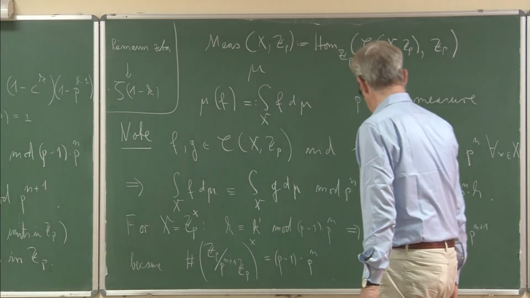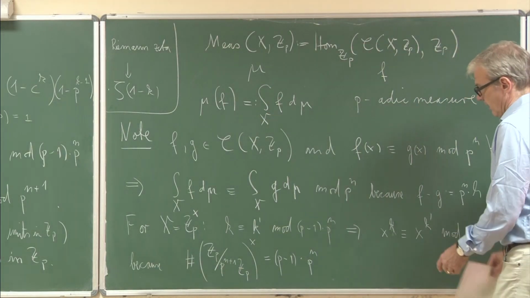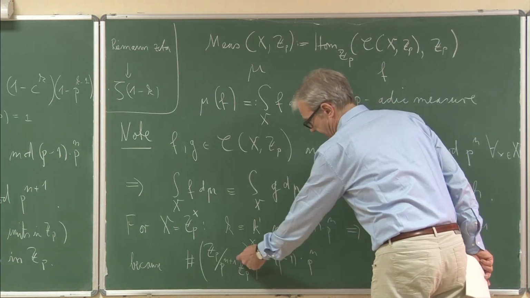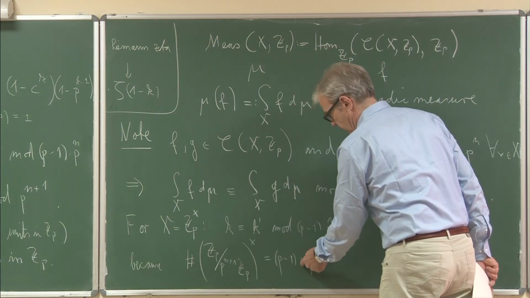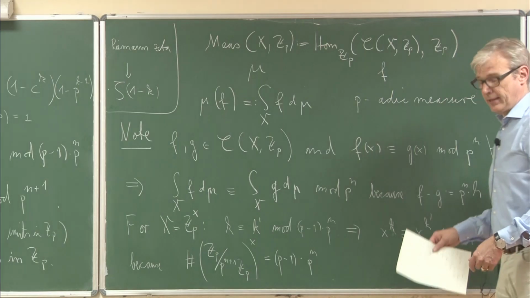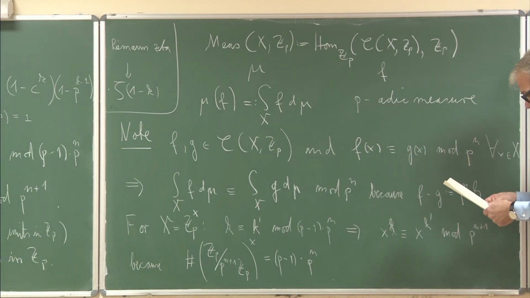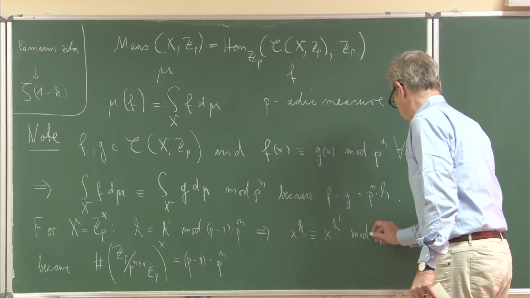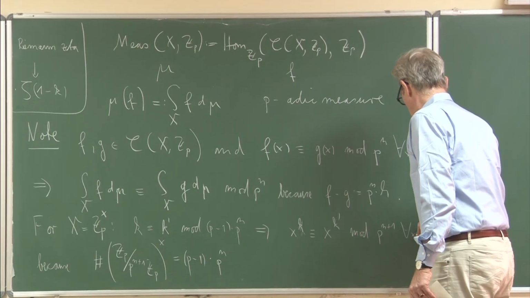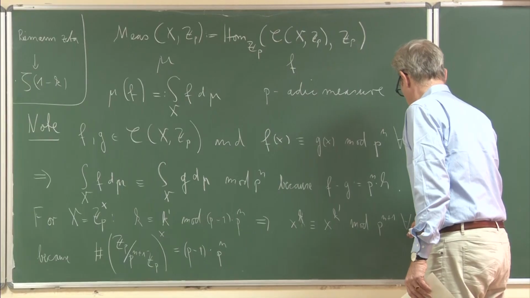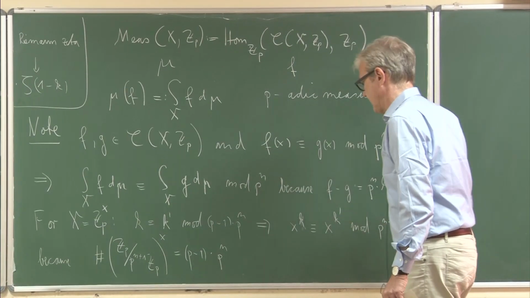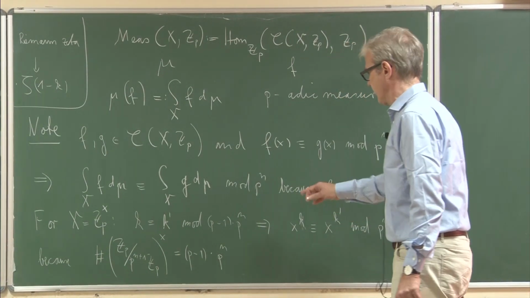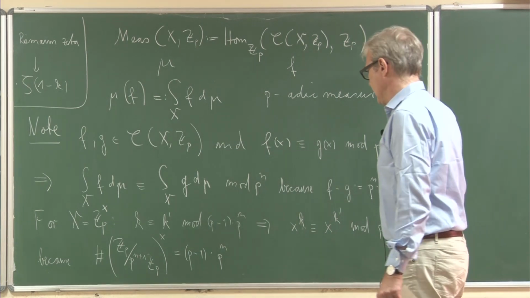And this means if I take something here to this power, it will be always 1. So this holds for any x, just as a polynomial function on Zp.